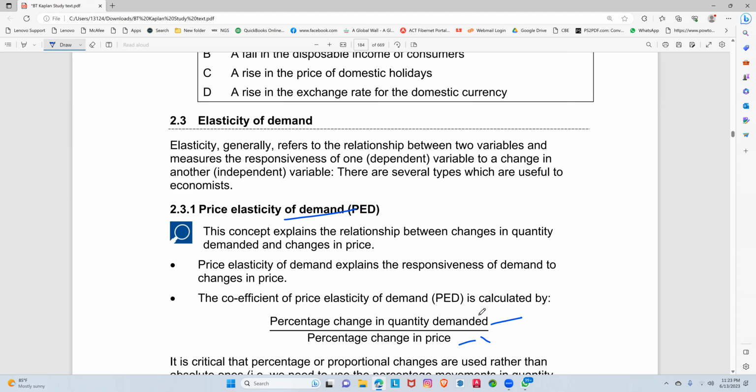Just tell me, how do you find this numerator? How do you find the denominator? Is this given to us every time? Yaar, I don't want you guys sounding so dumb right now. Suppose some kids watch this recording, they'll say, this is so easy, and nobody even spoke in class. Arre percentage change in quantity demanded, how do you find out?